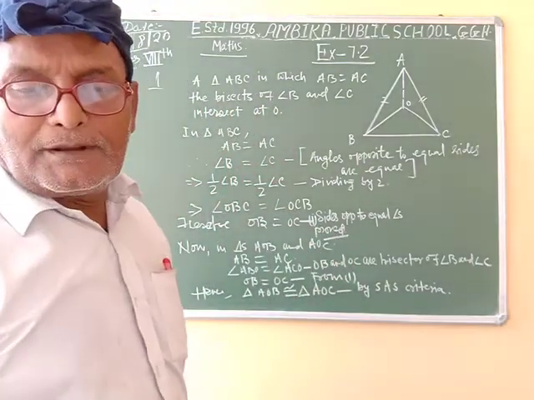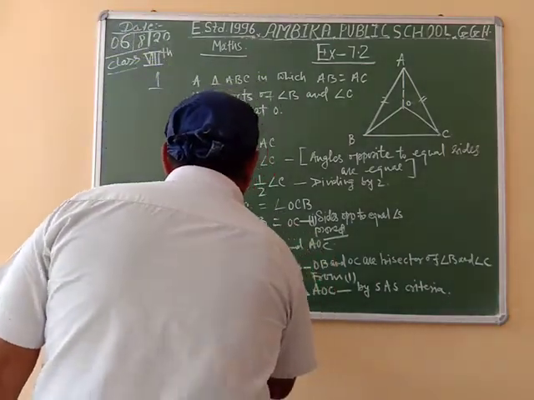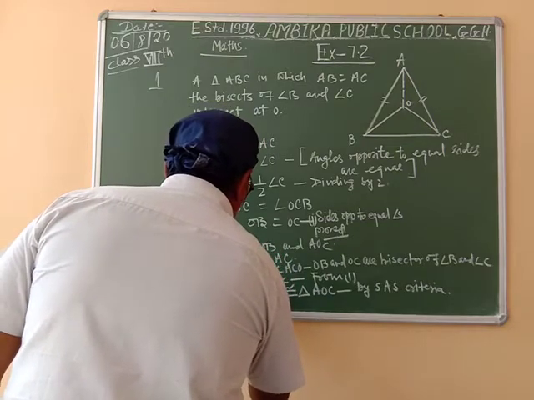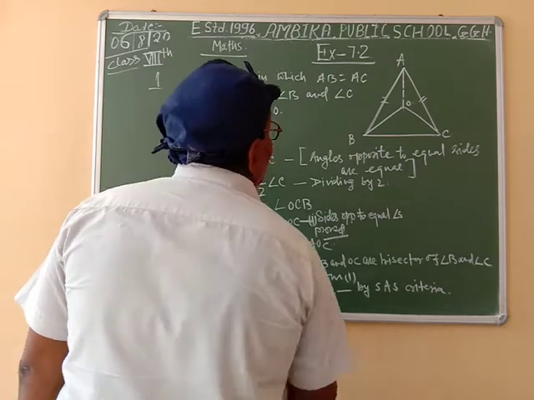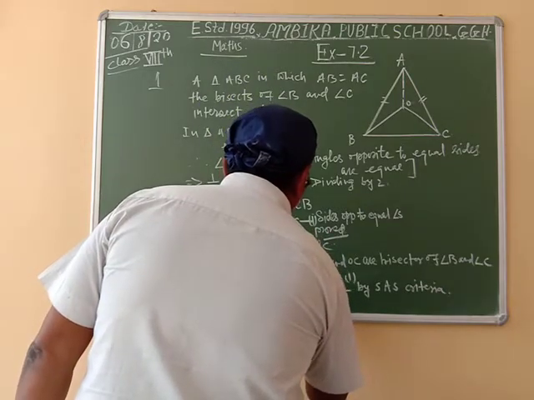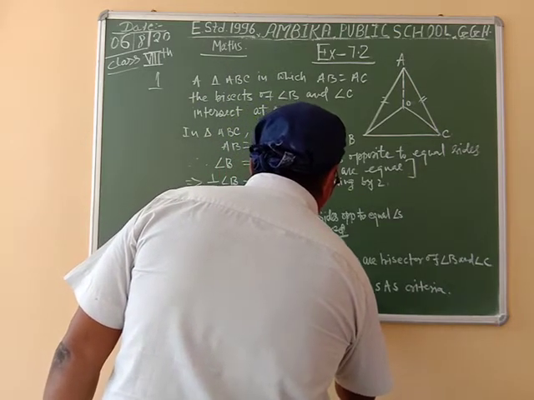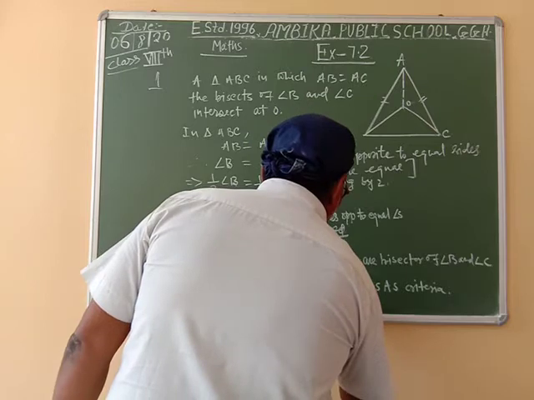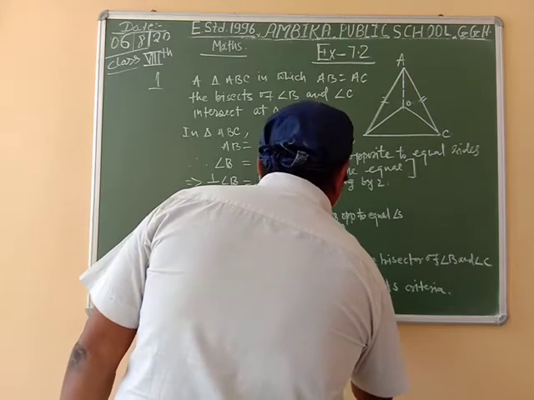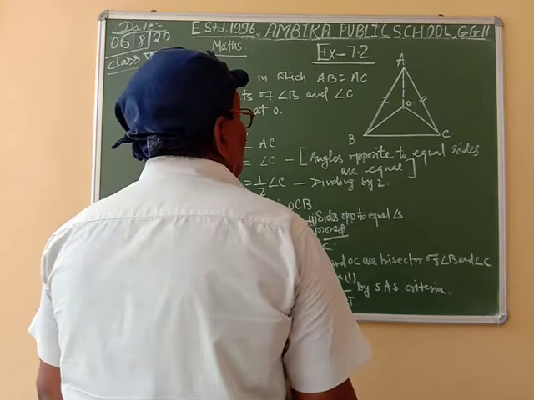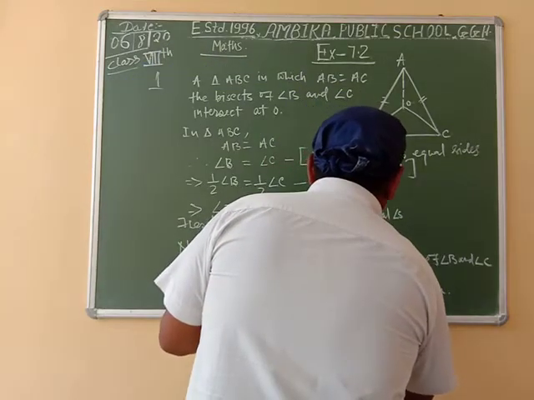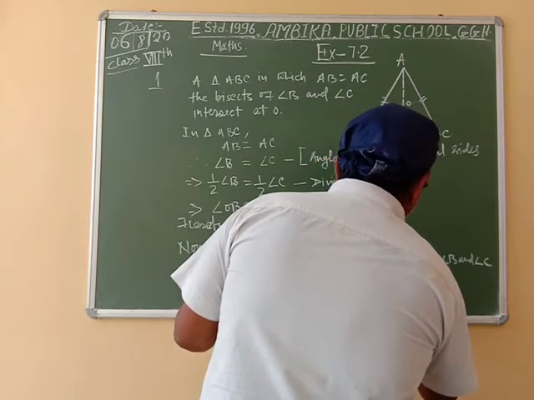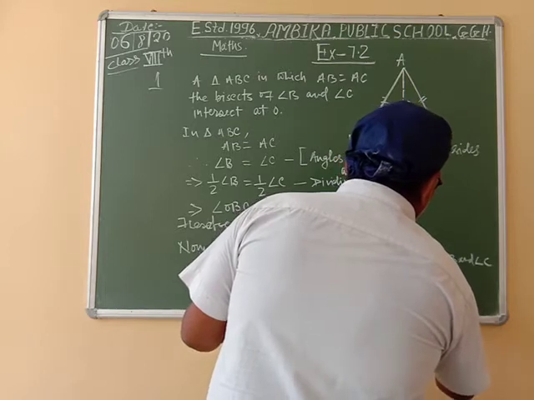Therefore angle OAB is equal to angle OAC by CPCT. Hence OA bisects angle A, proved.